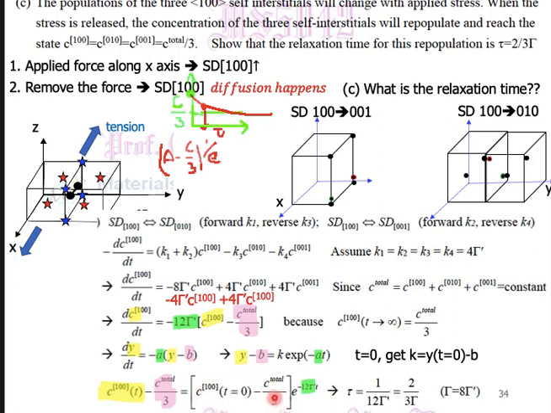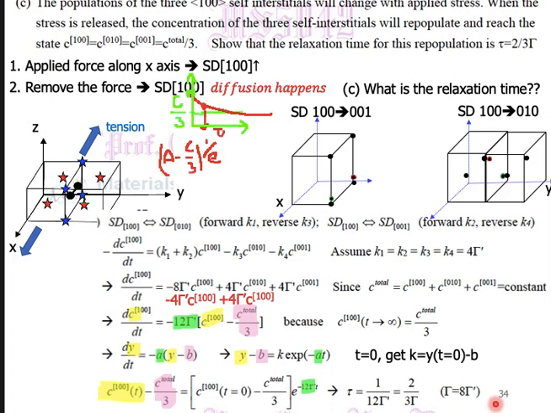So as I mentioned before, the question here is what's the relaxation time for this repopulation? The relaxation time comes from the exponential, so based on this, we know the T should be 1 divided by 12 gamma prime. And gamma prime, we need to convert it back to gamma, so we got the results shown here. So this is the whole story.